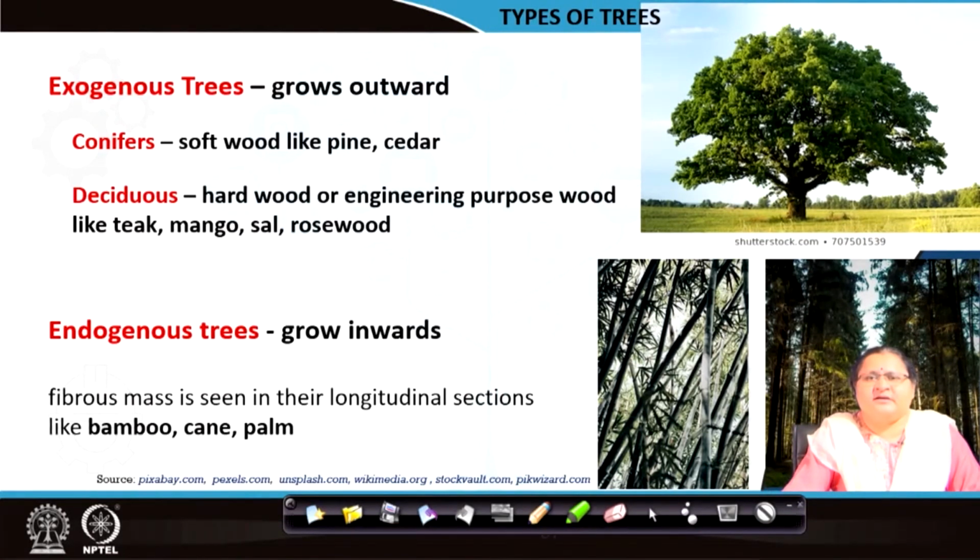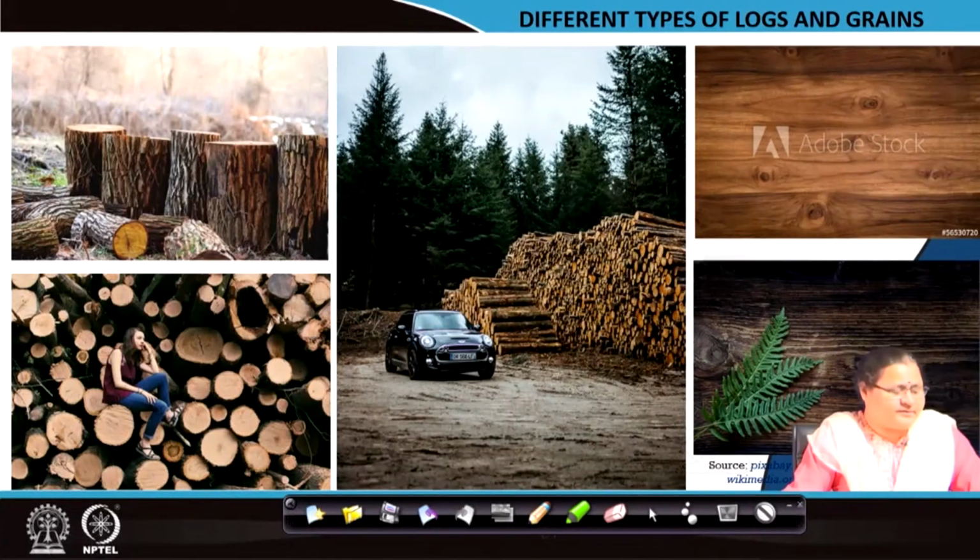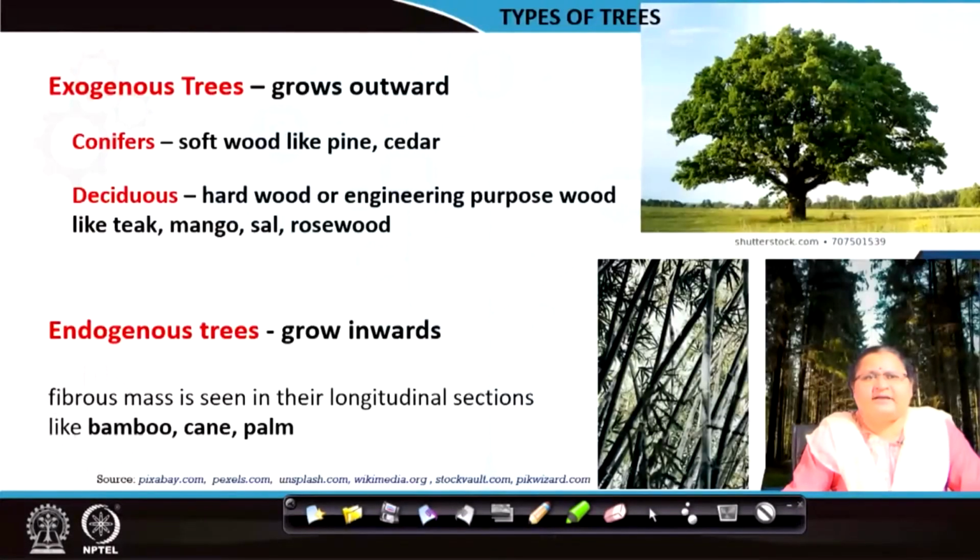The coniferous, as seen in this picture, have a pale color and are actually softwood: pine, cedar, fir, birch. Whereas deciduous cross sections are not so light in color, they are a little more brown, and they are used mostly for engineering purposes.